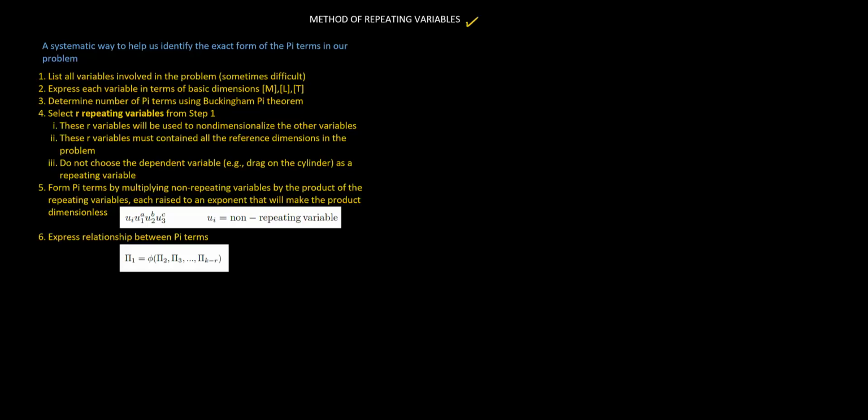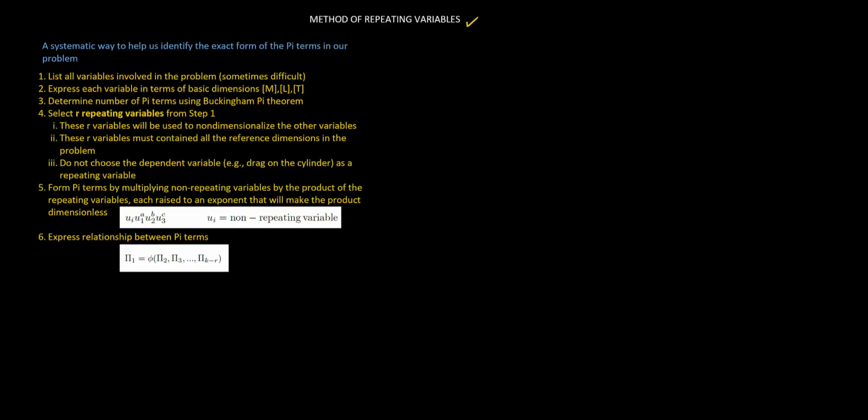Once we've done that, we select r repeating variables from step 1. So r is the number of basic dimensions that appear in our variables, and we use that number r to select repeating variables.